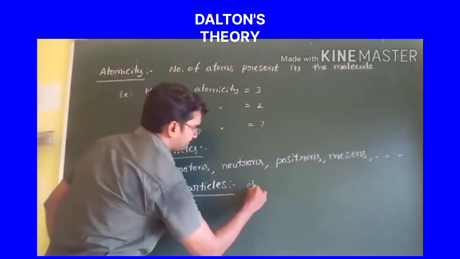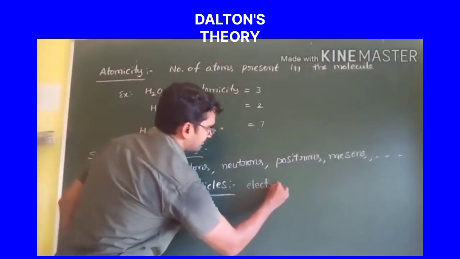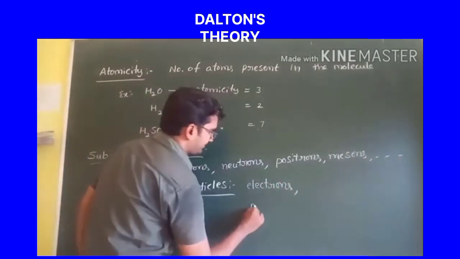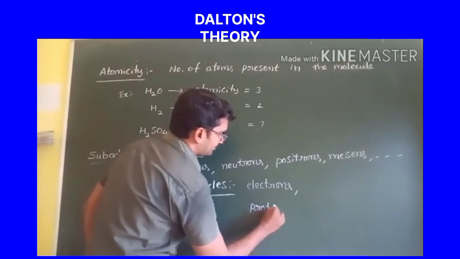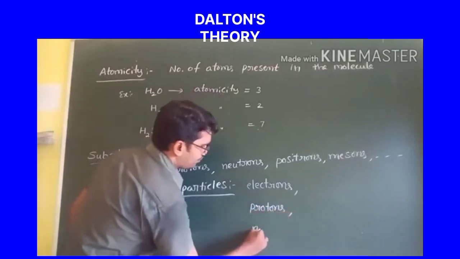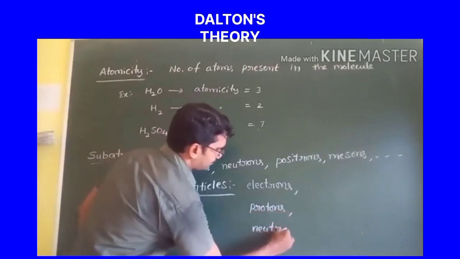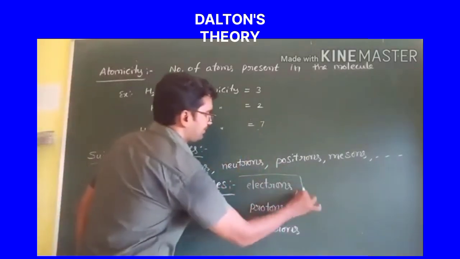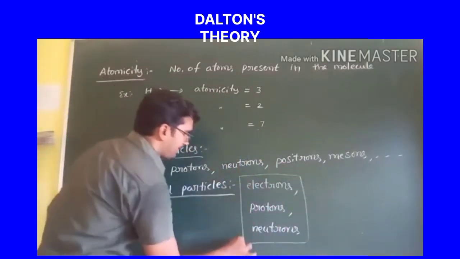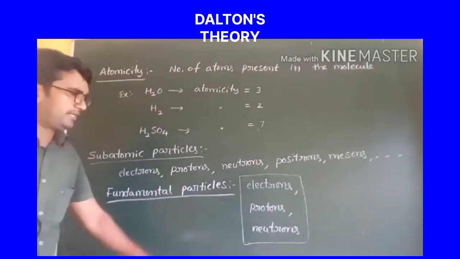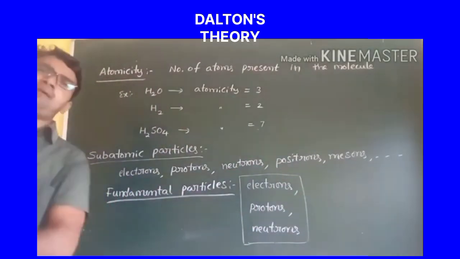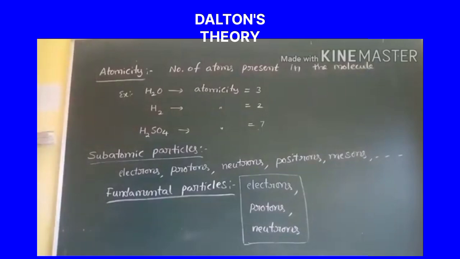Electrons, protons, and neutrons. These three are the most important subatomic particles. That's why these three are called fundamental, meaning main particles in the atom.